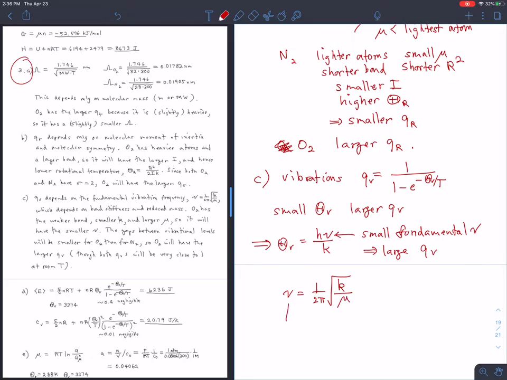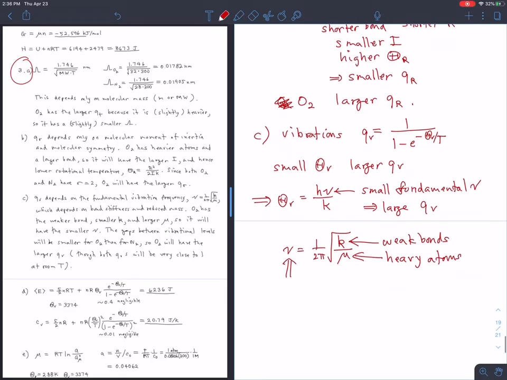So the things that make the fundamental frequency small are weak bonds, which make the force constant small, and heavy atoms, which make the reduced mass large. So basically weak bonds and heavy atoms means low vibrational temperature, means large vibrational Q.